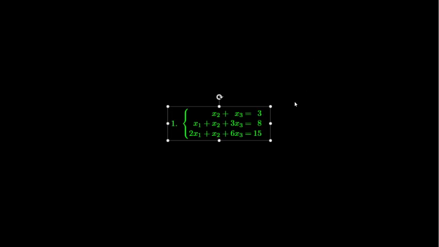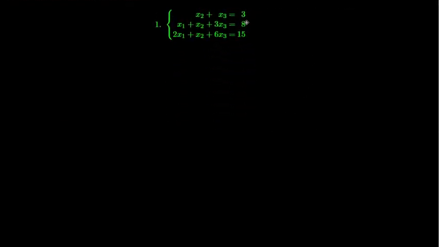But today we concentrate on a system with 3 equations and 3 unknowns. From this, you are going to see the big picture of how to solve a large system.